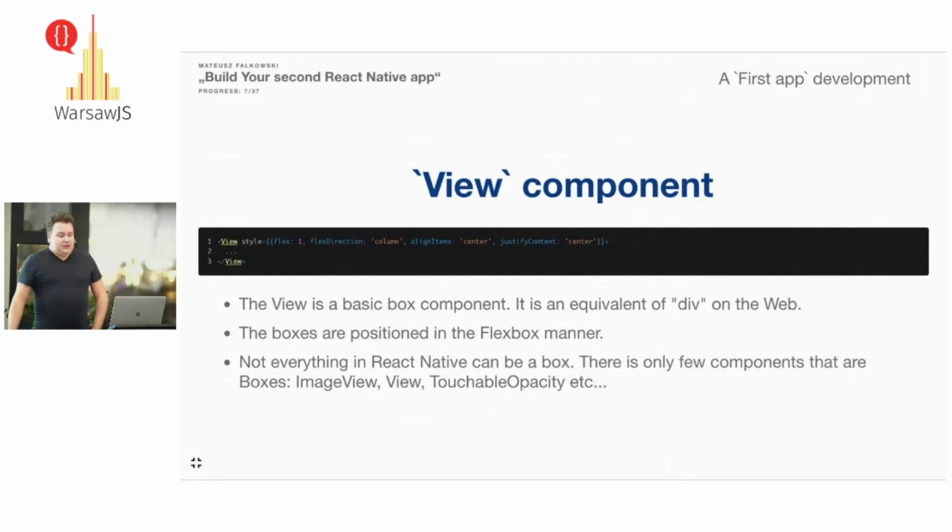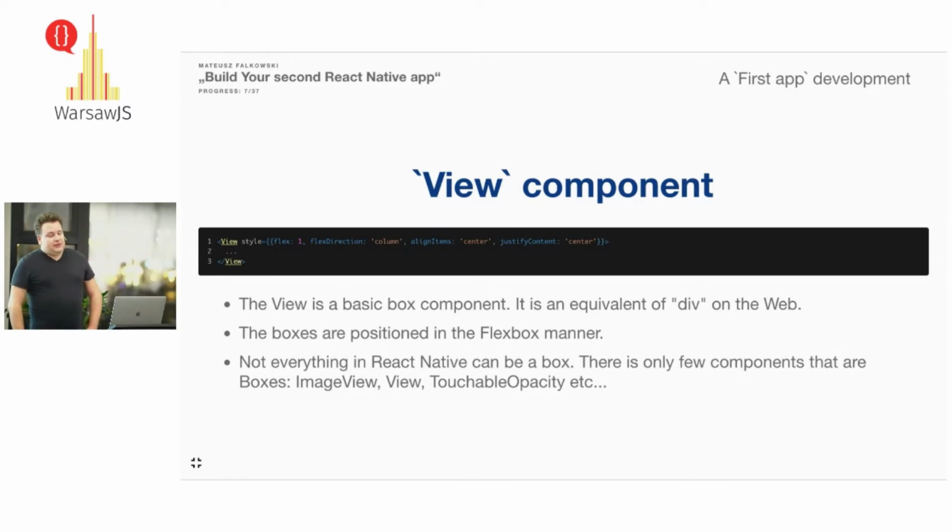The View component is something like the equivalent of a div on the web. This is the basic box that we can position and put into the Flexbox flow. The most important thing is that React Native positions the elements in the Flexbox manner, so it's something that you know from the web.